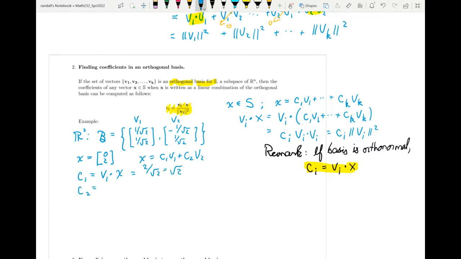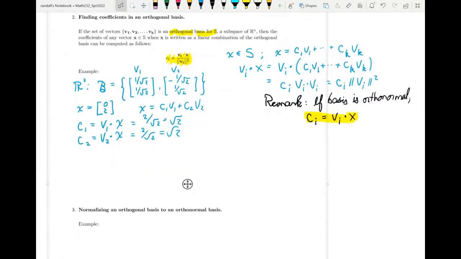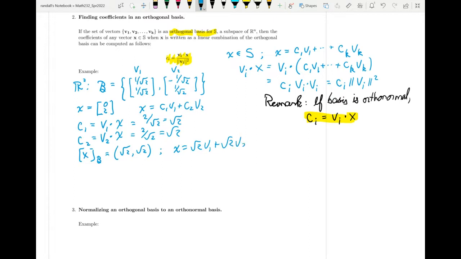And c2 will be obtained by dotting x with v2. So when I take the dot product of v2 with x, I also get 2 over root 2, which I'll write as root 2. Okay, so that's the coordinates of x. So I could write x in basis B as coordinate vector root 2, root 2, which means x is equal to root 2 v1 plus root 2 v2.